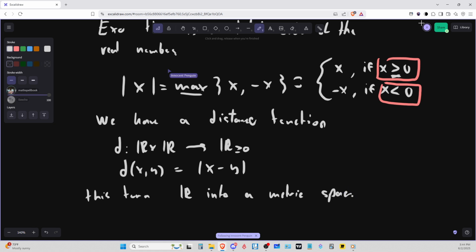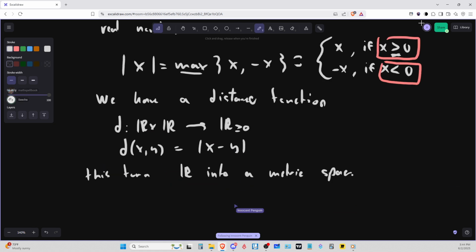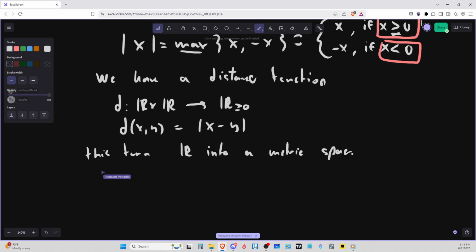And the notion of metric space, the reason why I introduced it will now finally pay off. All the definitions of convergence and being Cauchy, I introduced them for a metric space, right? Therefore, as now we have a distance function over the real numbers, we can make sense of a convergent sequence of real numbers and a Cauchy sequence of real numbers.